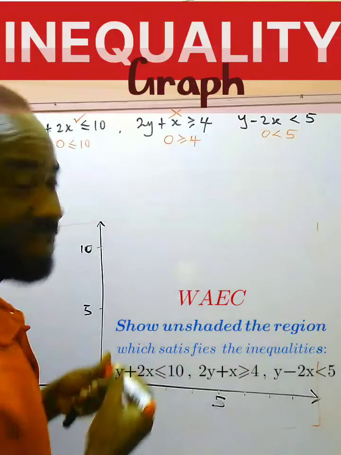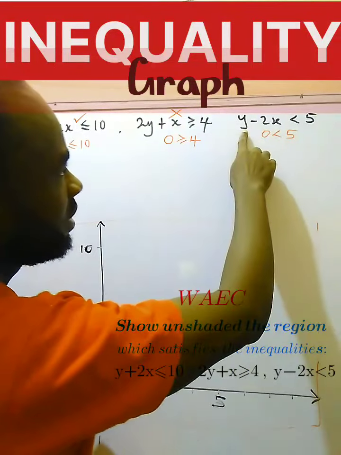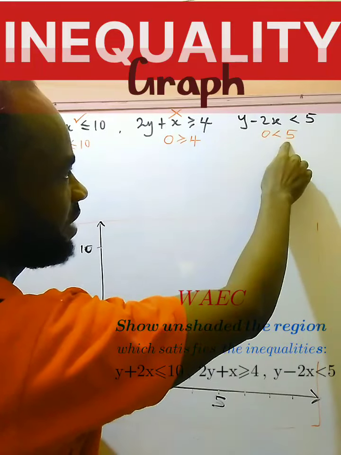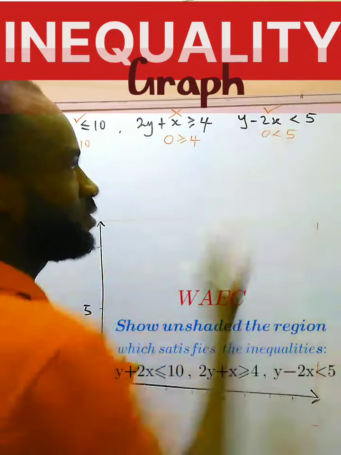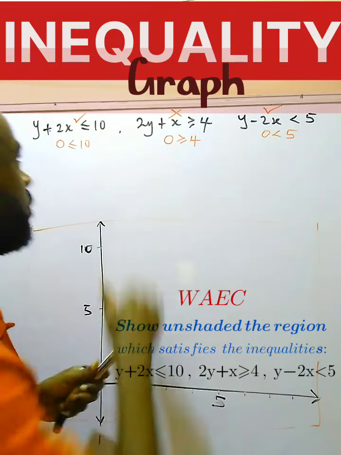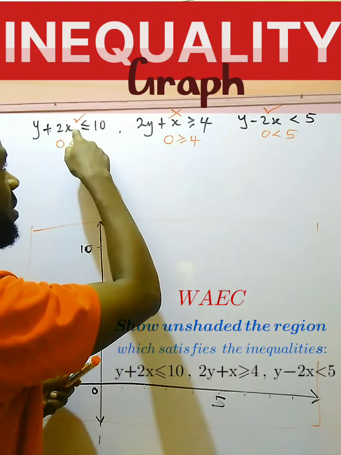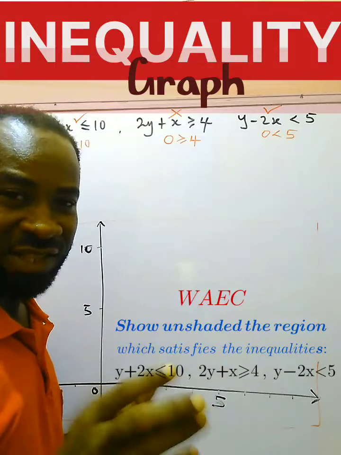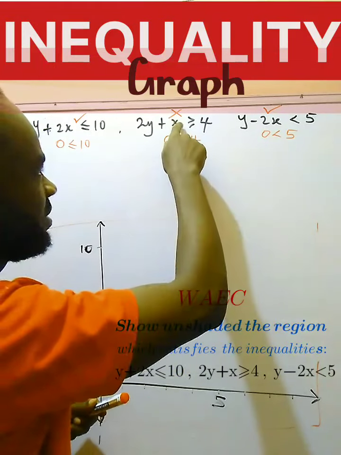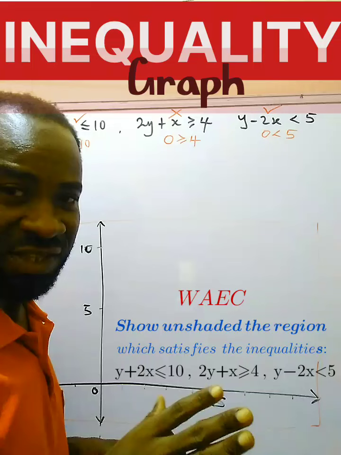I'm ticking it bad. Here, 0 is less than 5. This statement is valid, so I tick it good. Take note that the ones I ticked good are the ones that are valid, and the ones I ticked bad are the ones that are not valid.